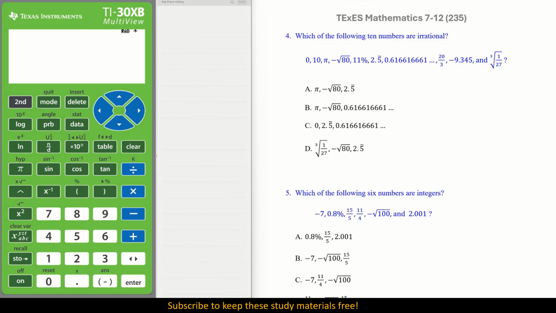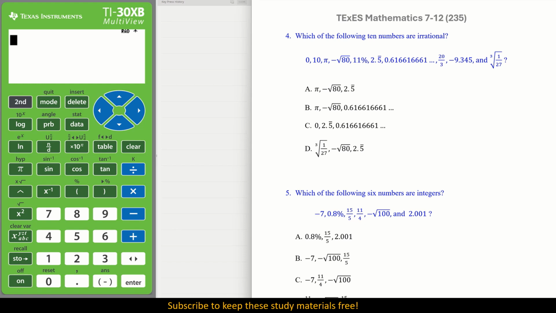Number 4, which of the following numbers are irrational? So we need to understand what irrational means. Irrational is a number whose decimal doesn't stop, meaning the decimal itself continues forever. We see no stopping, and it doesn't give us a repeating pattern. It just continues, and we honestly don't know where it ends.